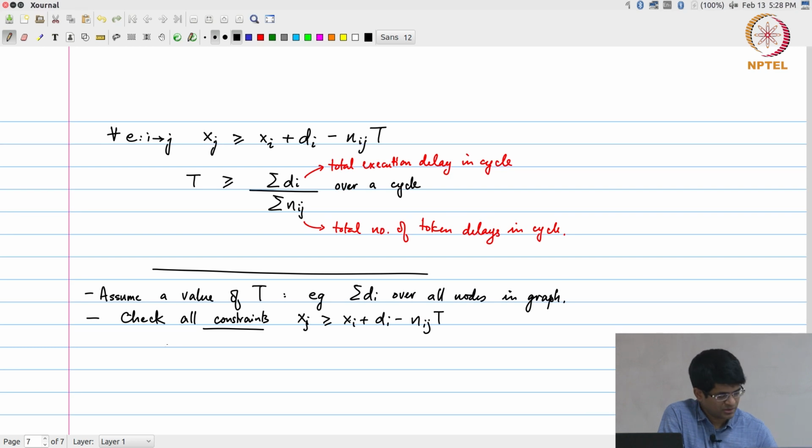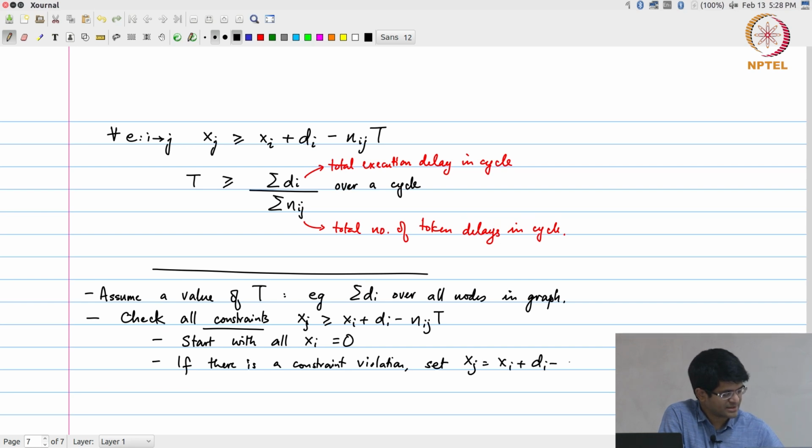So what I can do is start with all xi equal to 0. If there is a constraint violation, set xj equal to xi plus di minus nij into t for whatever t that I have chosen at the moment.